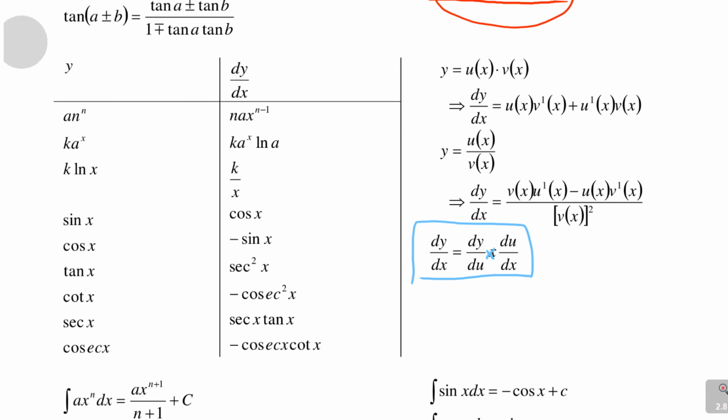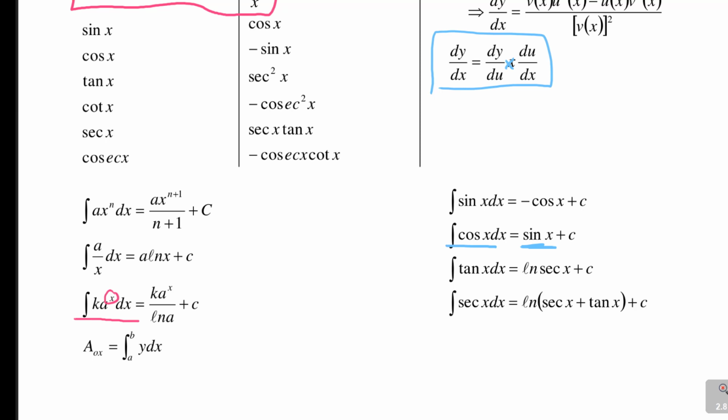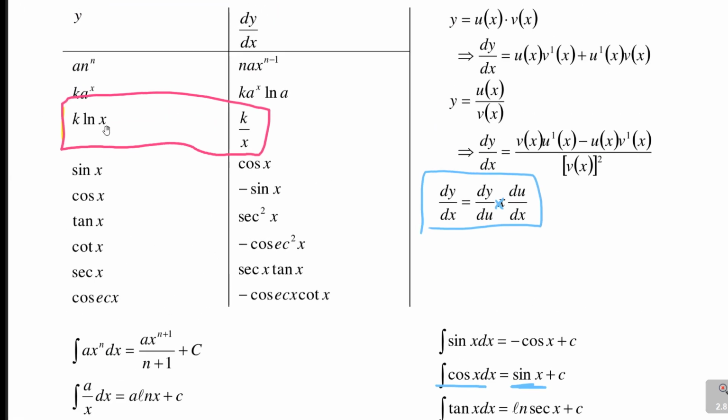The main differentiation, if you've got y and you're differentiating, the closest one here is k ln x. They don't have it here. So if I'm differentiating, the simple thing is ln x is 1 over x. That's my dy over dx.